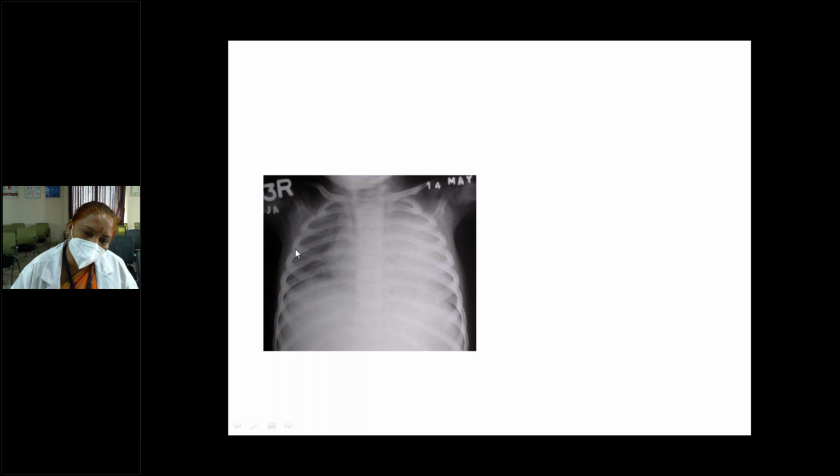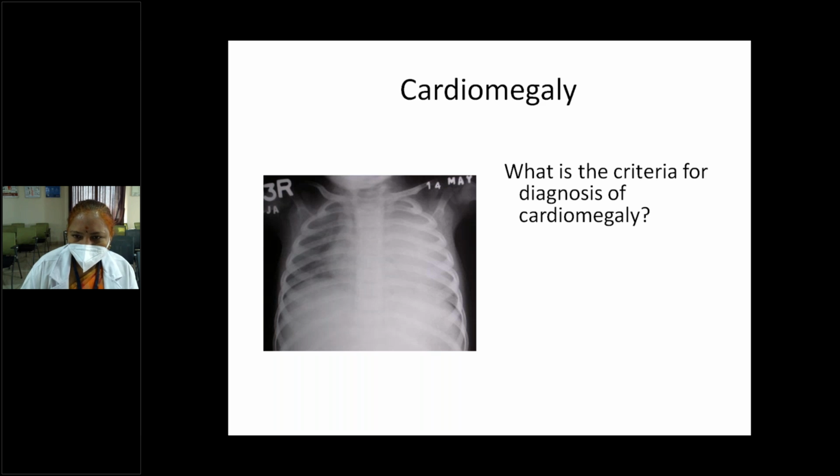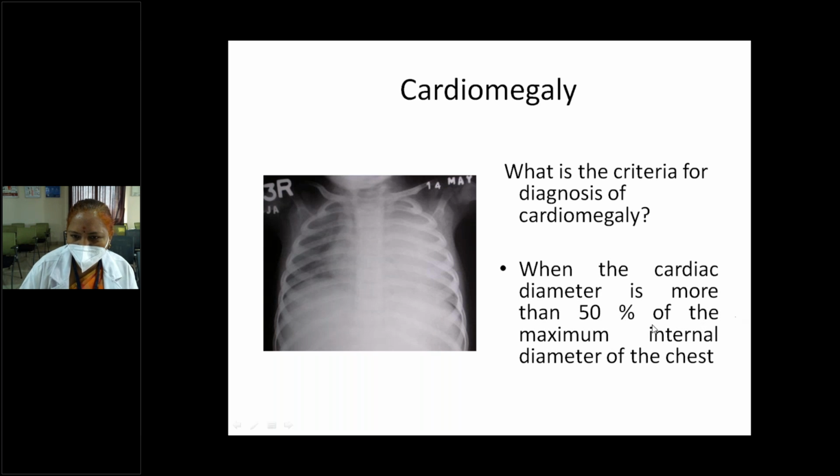The thoracic diameter is calculated from the inner border at the level of the dome of the diaphragm. So when the cardiac diameter is more than 50% of the maximum internal diameter of the chest, we call it cardiomegaly, but in AP view we can take up to 55%. What are the conditions where we will see cardiomegaly?